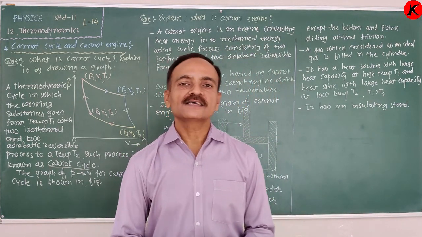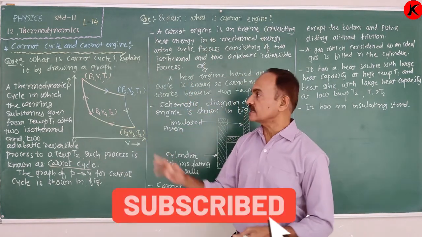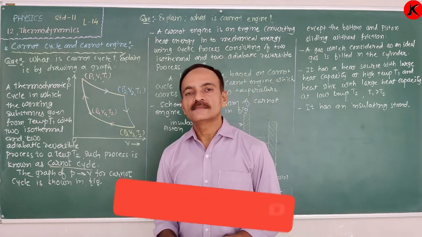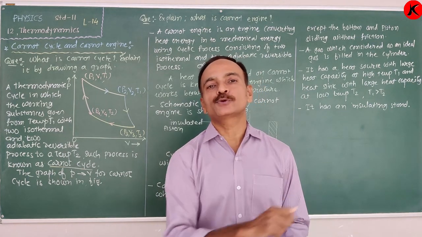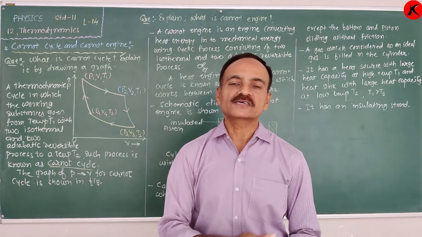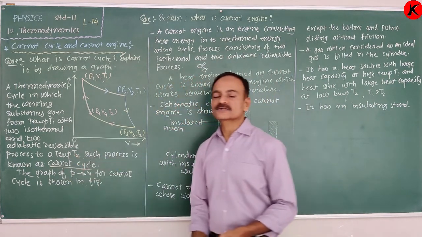That is known as the cyclic process. Here the Carnot cycle is also a cyclic process in which a system goes from temperature T1 to temperature T2 with two isothermal and two adiabatic reversible processes. Such a process is known as the Carnot cycle.